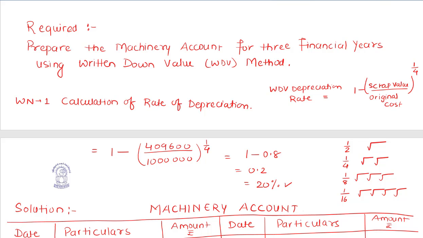Step 2 is over. Step 3, divide by the power. Over here it is 4 years, so divide by 4. Step 3 is over. Step 4, plus 1 equals.